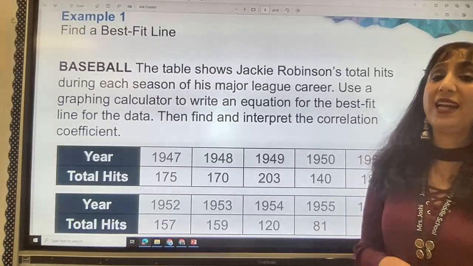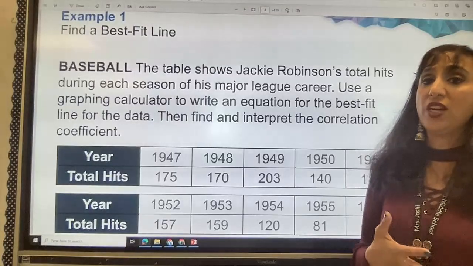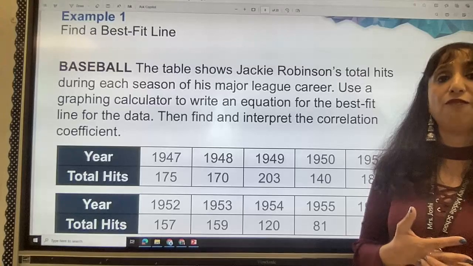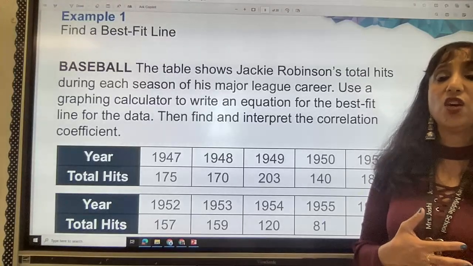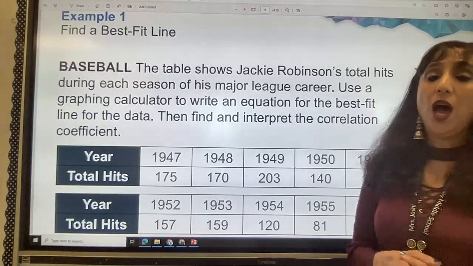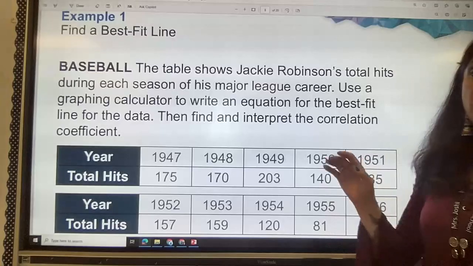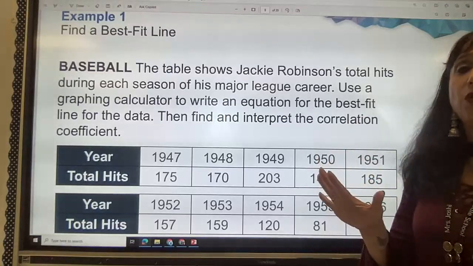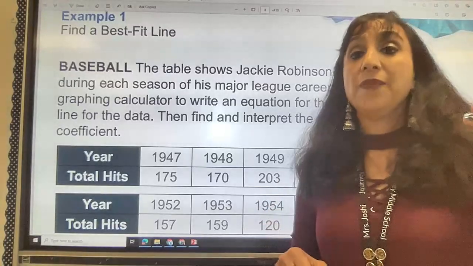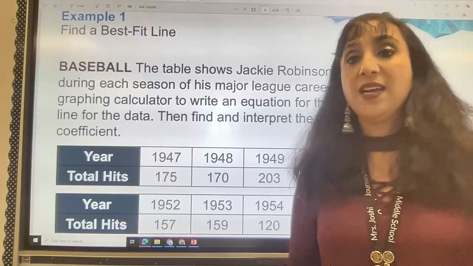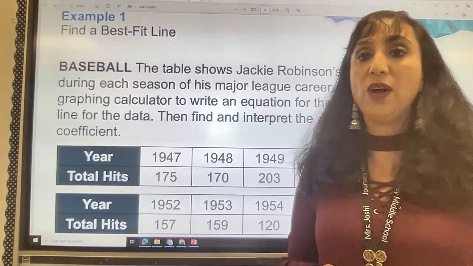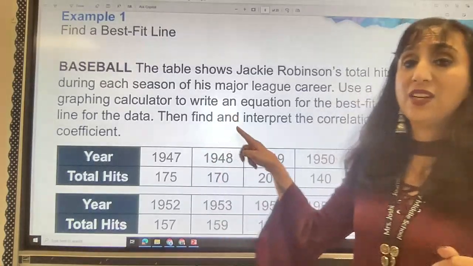Use a graphing calculator to write an equation for the best fit line for the data. Then find and interpret the correlation coefficient. So we are going to take our calculator and call the seasons X. Remember I said to hit stat, then put all the X values in L1. That's literally what we're doing.